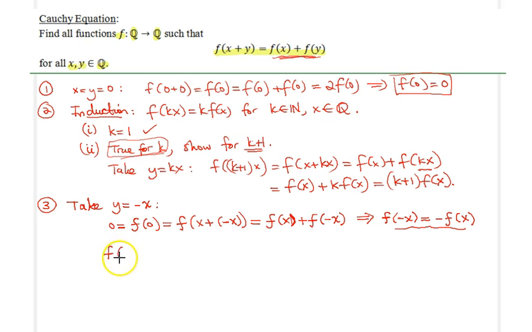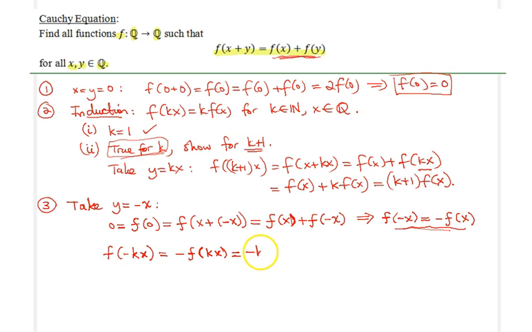So from here, noticing this property, consider the following expression, f of minus kx for natural numbers k. By this result here, we can take out the minus sign. So we have minus f of kx, but then from the second step, we already know that in this expression we can take out the k as well.